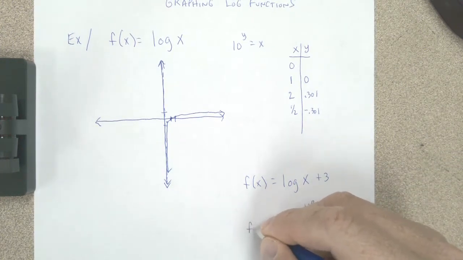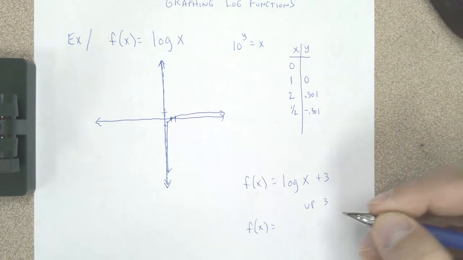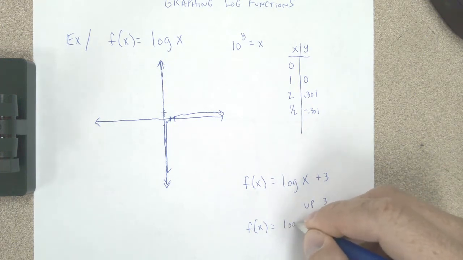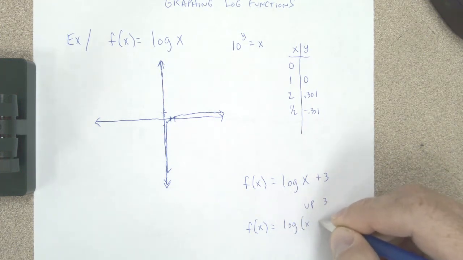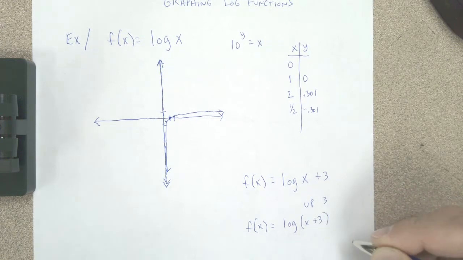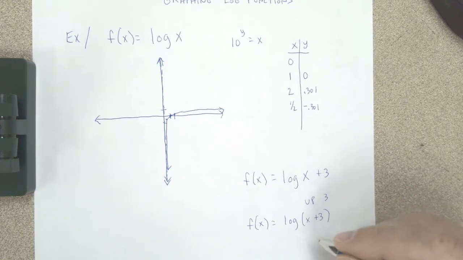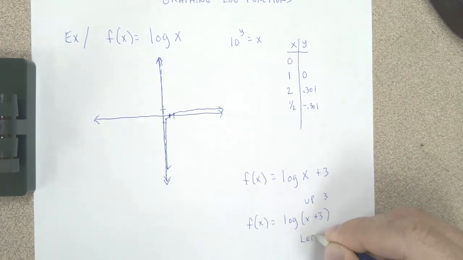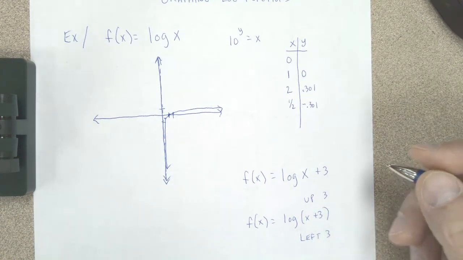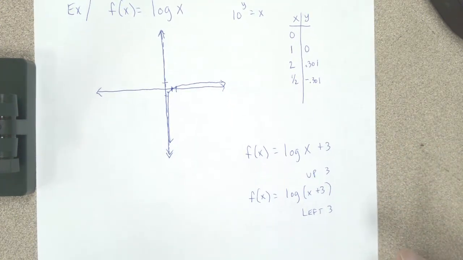If I graph log of, and I've got x plus 3 in the parentheses, that's going to move it left 3. So we can follow all of our transformation rules as to what our graph is going to look like.